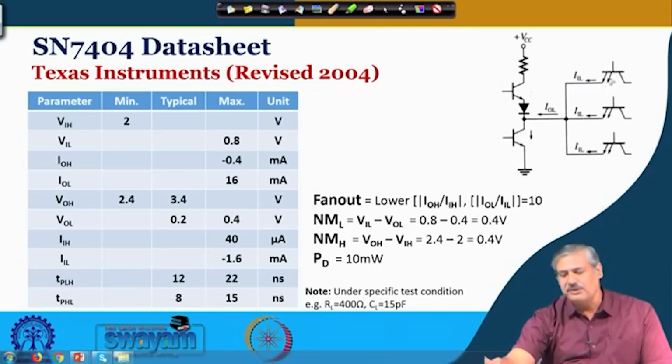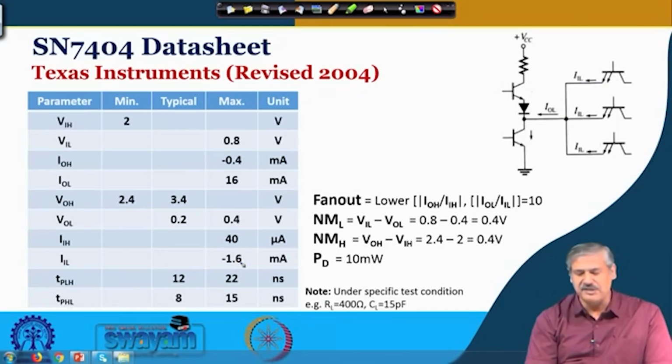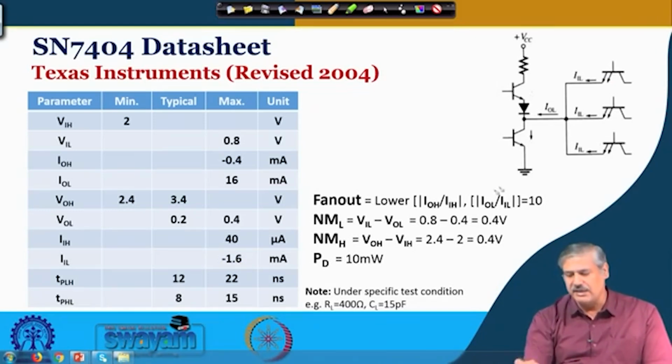So IL, which is coming out of it, according to the specification is minus 1.6, because it is coming out of it. So how many such load gates can be serviced by this? This is IOL by IL.